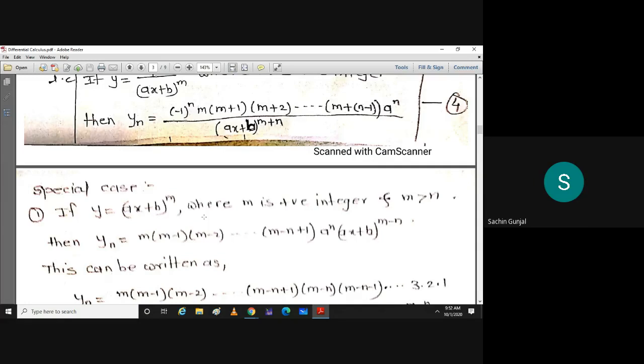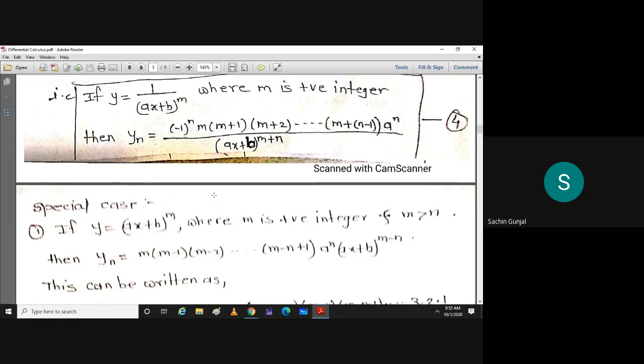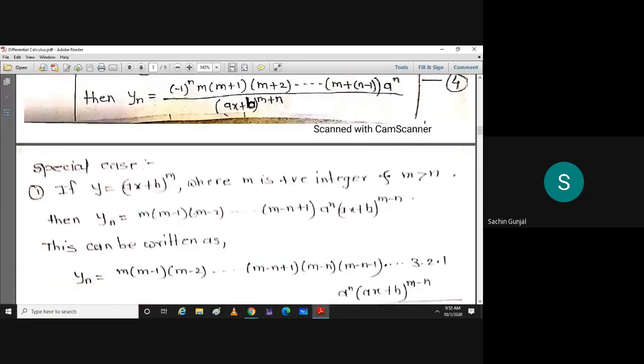Okay, so let us derive a general formula for this. Please understand the difference. Here it was 1 upon ax plus b raised to m, and here it is ax plus b raised to m, and m is greater than n. The degree of this polynomial is greater than the order of derivative. Then we are deriving this. So what will be its nth derivative?